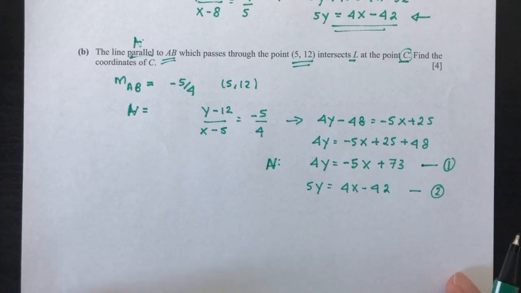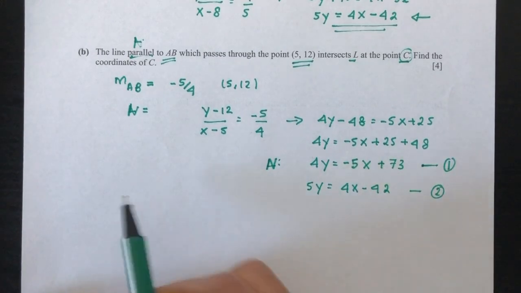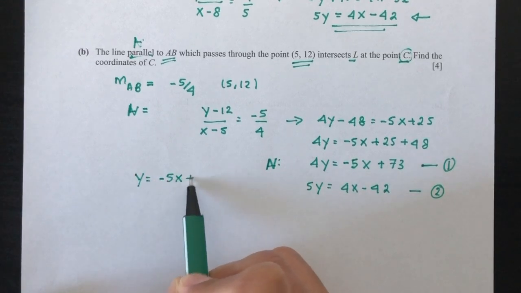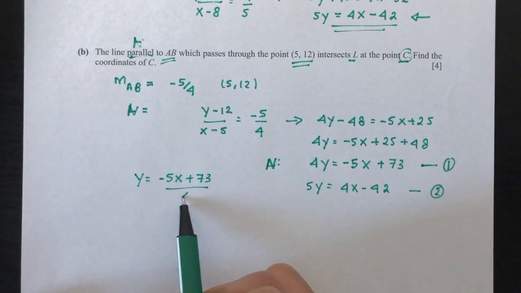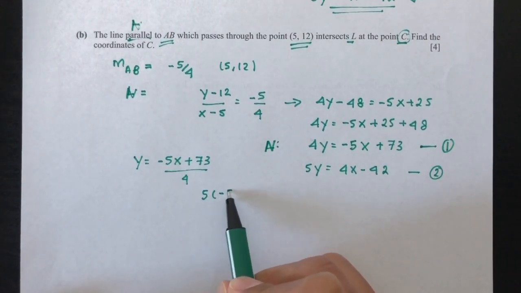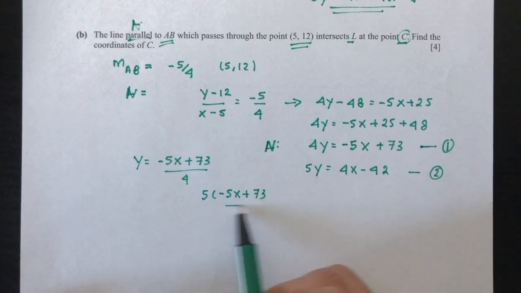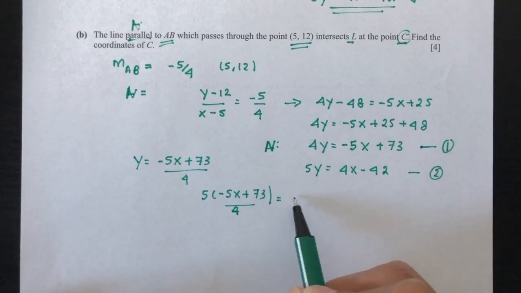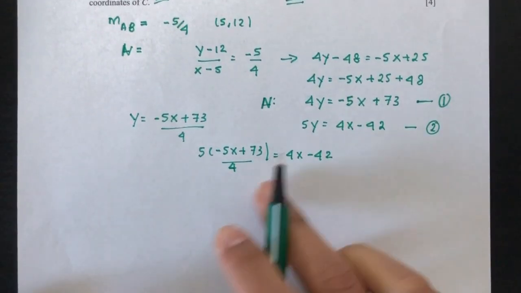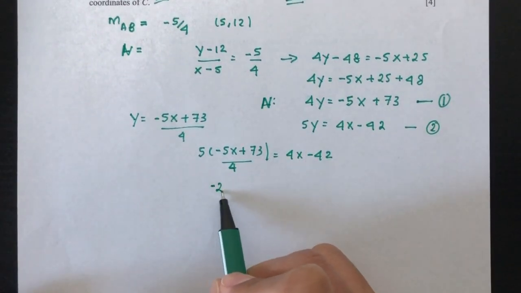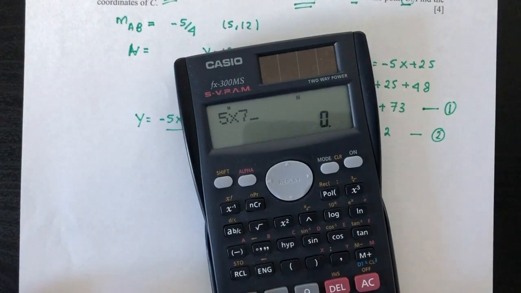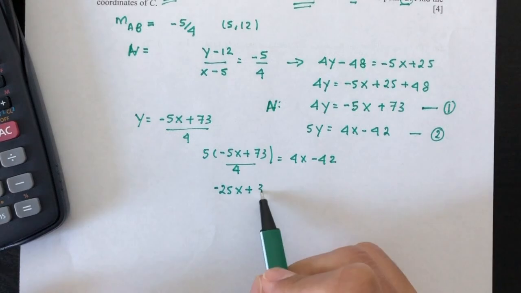So we have this already, so we have y equal to (minus 5x plus 73) divided by 4. Now replace y in this one, you will have 5 times y divided by 4 equal to 4x minus 42. Now multiply by 4 everywhere, you will have minus 25x here, plus 5 times 73, 365.